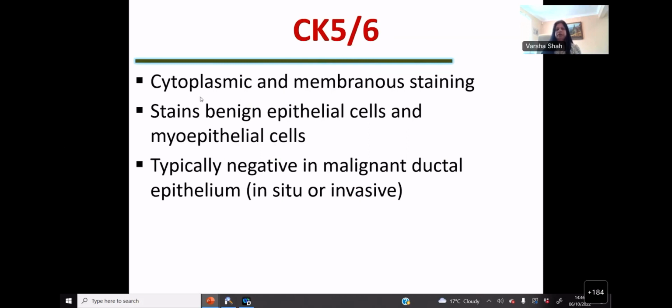It's mainly cytoplasmic staining, not membranous staining. It does not stain the nucleus. It stains benign epithelial cells and myoepithelial cells. Remember that it also stains myoepithelial cells. And this is typically negative in malignant ductal epithelium. Okay, typically. I'll come back to it a little later, why I said typically, not always.